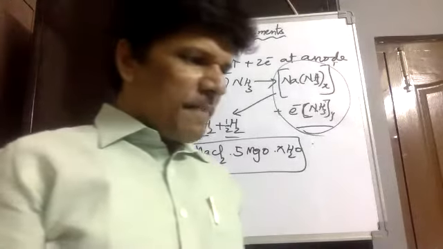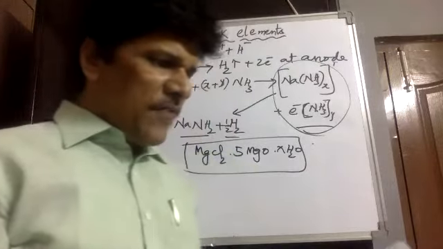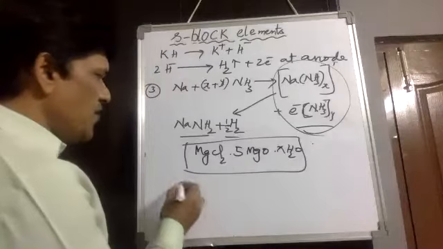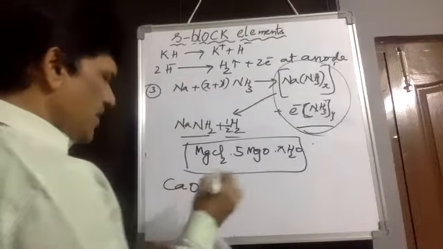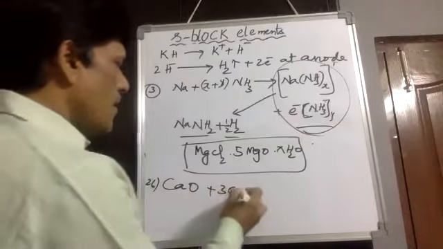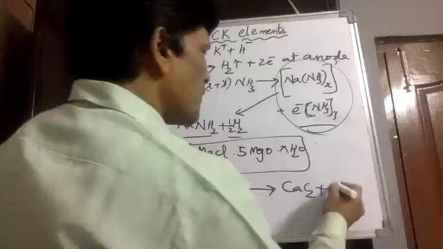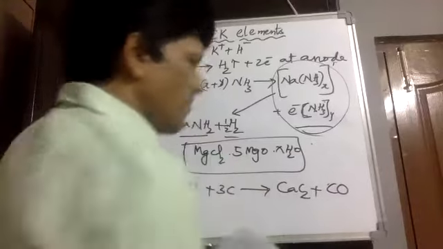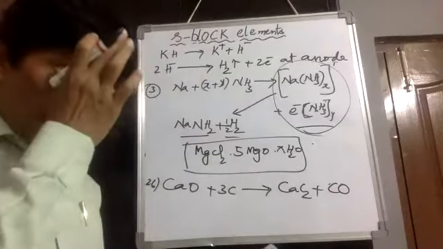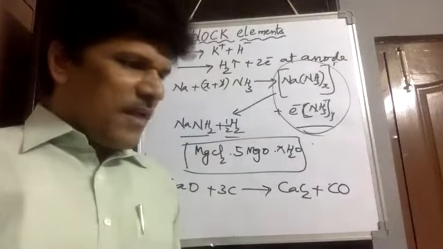25, A. Then 26. What is X in the equation CaO plus 3C? It gives calcium carbide plus carbon monoxide as a byproduct. We get calcium carbide at 3000 degrees centigrade or 3273 Kelvin.